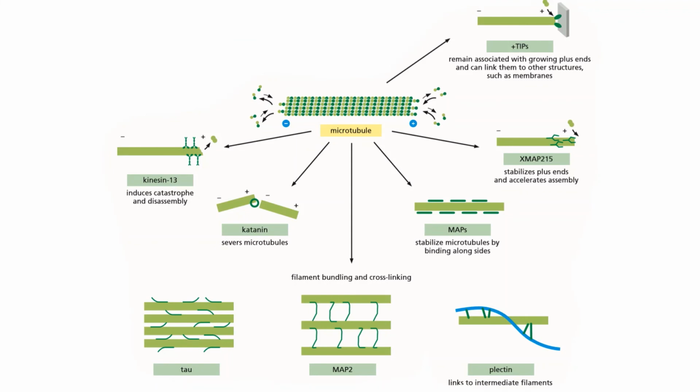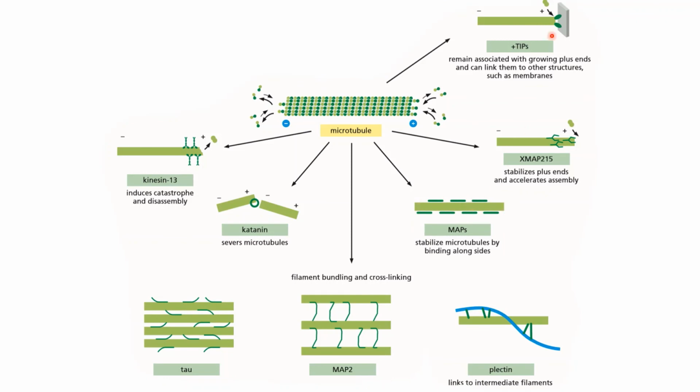So the plus tips, as shown here, are just one among the many microtubule associated proteins that are shown here. You can see here the kinesin 13 for the disassembly of microtubules. You can see here katanin, the one that cuts microtubules. You can see the MAPs, the ones that help the microtubule stay organized along the length.